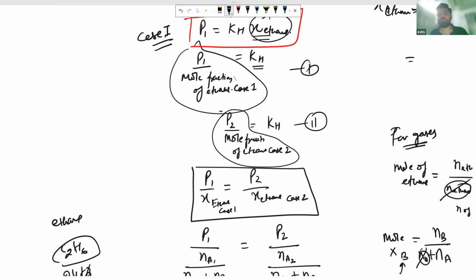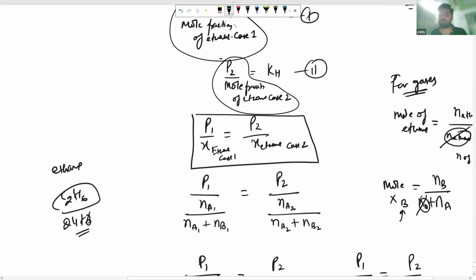P1 upon the mole fraction of ethane in case 1 equals P2 upon the mole fraction of ethane in case 2. Now, what is mole fraction? The mole fraction of ethane or anything is the number of moles of A upon the number of moles of A plus the number of moles of B in the first case.